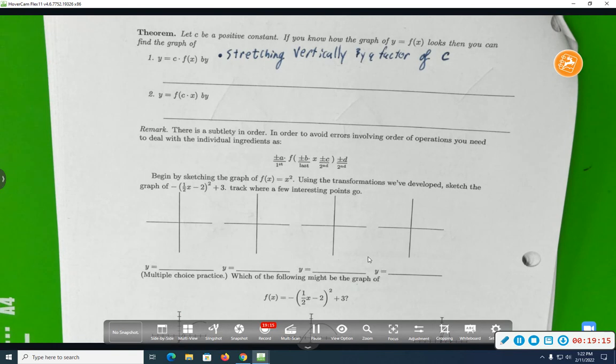That about agrees with what we did on the previous page. Maybe the factor of c is news, but it agrees. The y values got doubled. You stretch by a factor of 2.